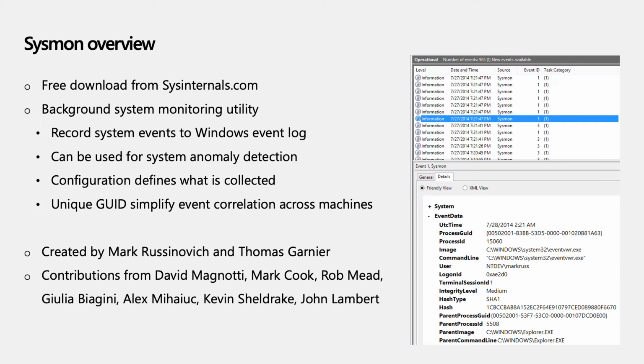So instead, for Sysmon, we create a process GUID, a unique identifier, which is unique across all the machines in your environment. And so now the search is just a key value pair. You see a process GUID, and then you search for that process GUID in the past, in the future, anywhere. You only have one with that process GUID.